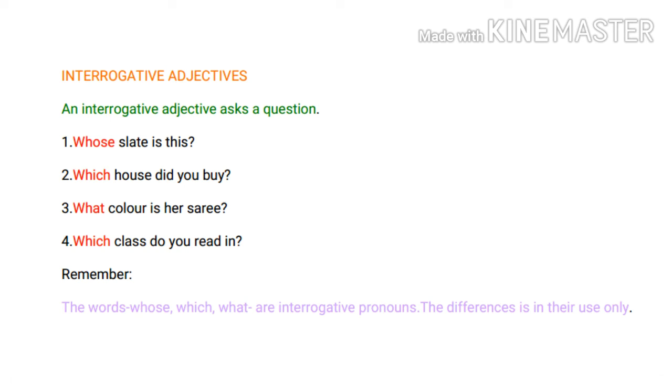Remember, the words whose, which, what, etc. are interrogative pronouns. They can be used as interrogative adjectives also. The difference is understood by the use.